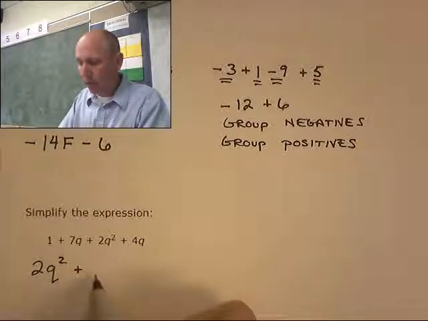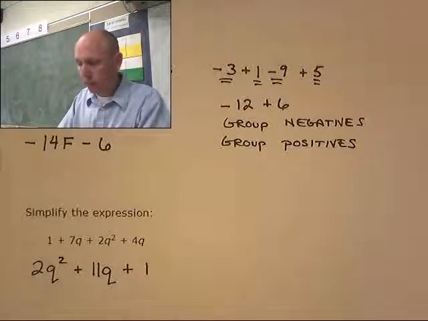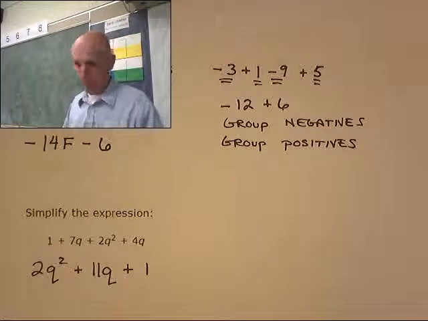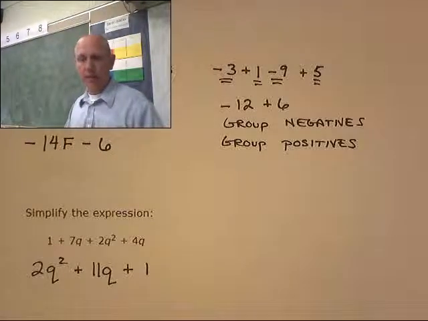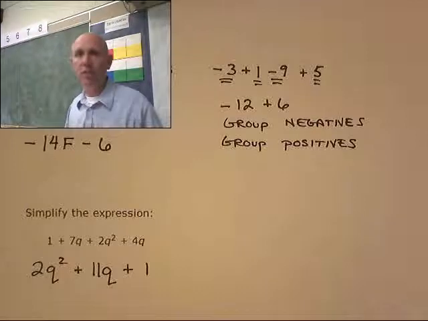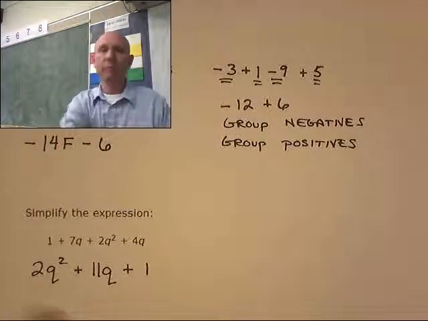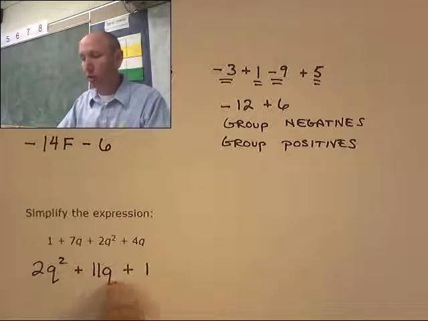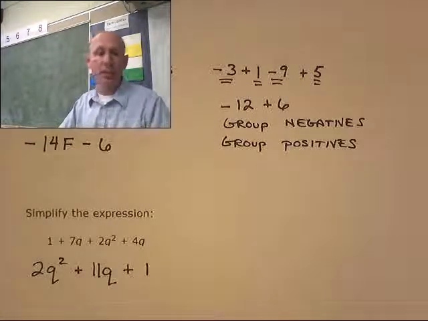That will become 7 plus 4 is 11 Q's plus 1. And that 1 is just a constant, and it's just hanging out, doing nothing. And this is a beautiful form. I like the highest variable, or the highest exponent first, so the squares come first, then just the Q's, and then just the constants.